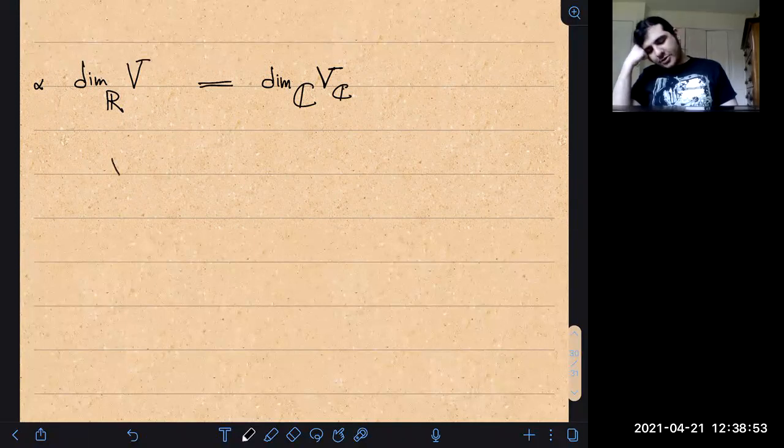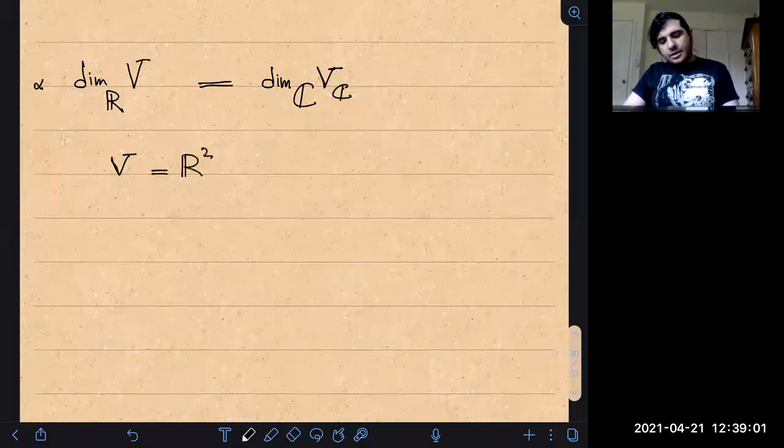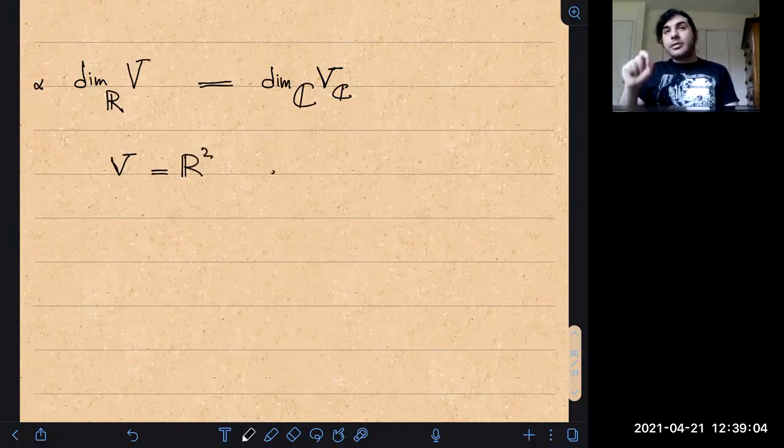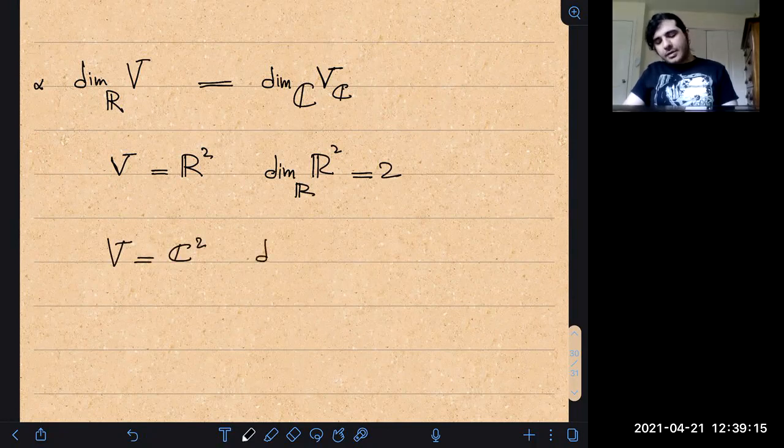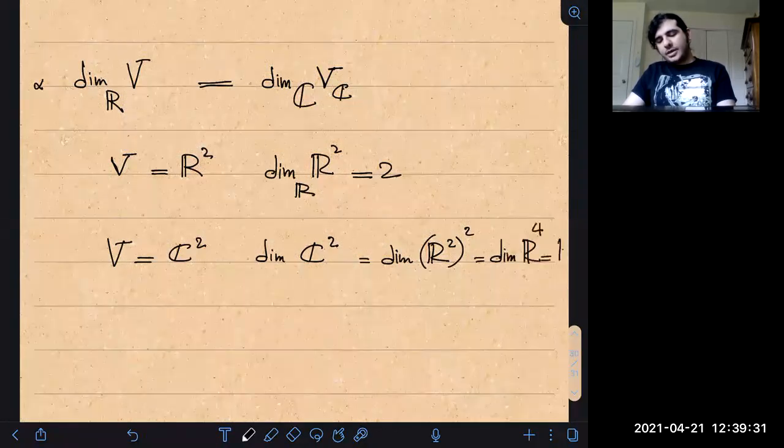Let's look at an example in order to prevent any confusion. Suppose V is R2. The dimension of R2 as a real vector space is 2. The complexification of R2 is C2. You might say C is like R2, so C2 is like R2 squared, which is R4, and that's 4-dimensional.